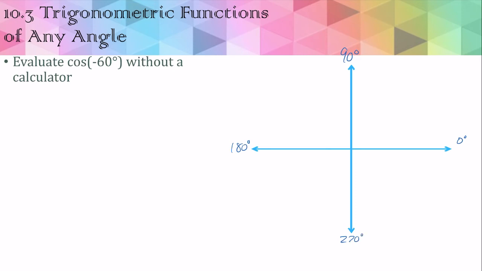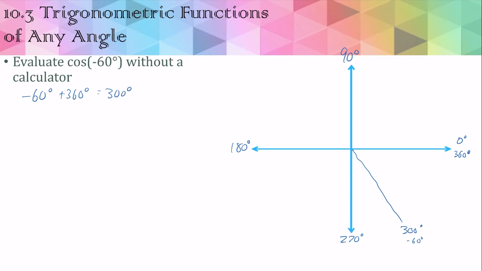So what I will do is I will find a coterminal angle between 0 and 360. So I will take this and I will add 360 and end up with 300 degrees. So 300 would be about there. Or if you like, negative 60 is there also.